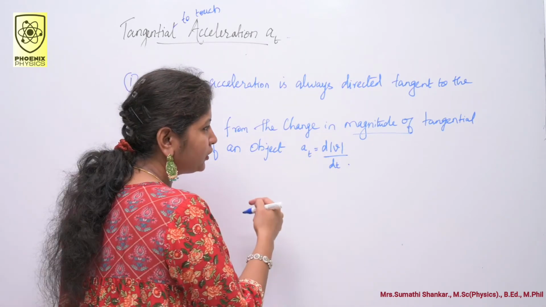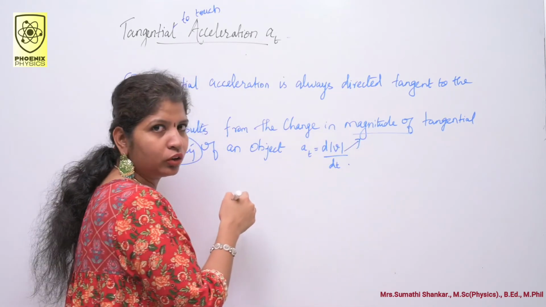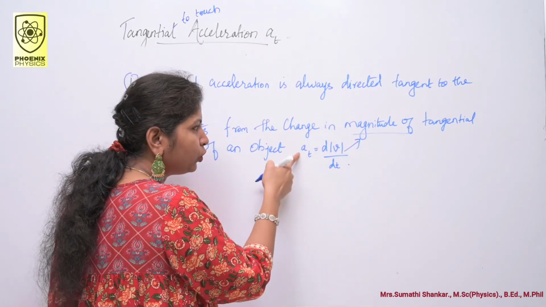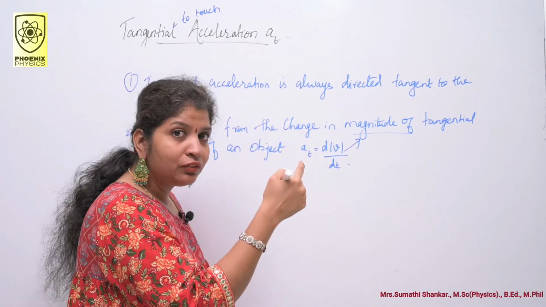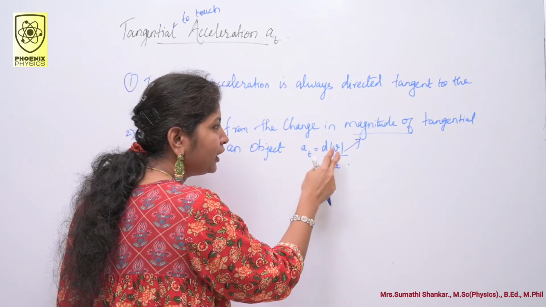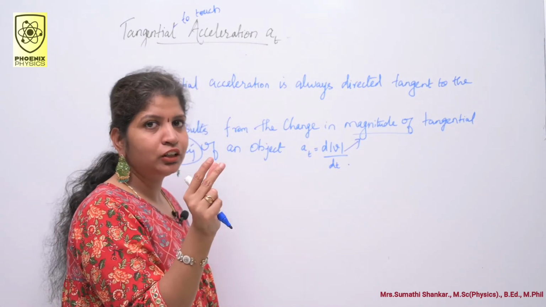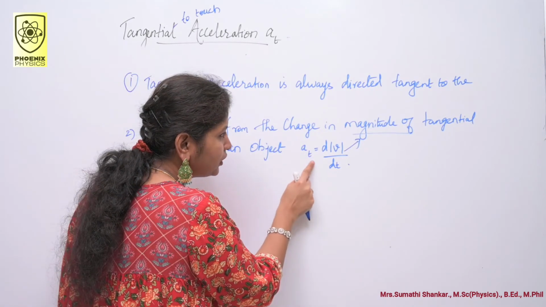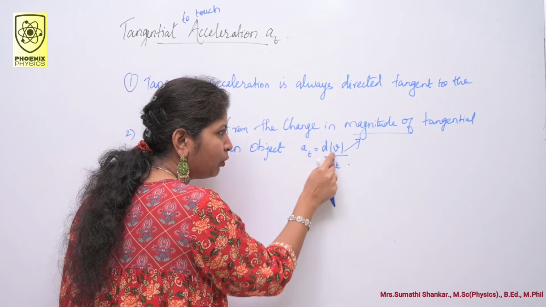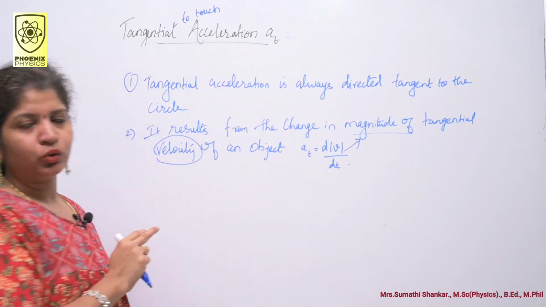Why did I write it like this? Because this modulus of v denotes the magnitude of the velocity. So you know that a t is equal to dv by dt, rate of change of velocity. Here in the velocity we are considering only the magnitude. That is why a t is equal to d mod v divided by dt. These two are our conclusion.